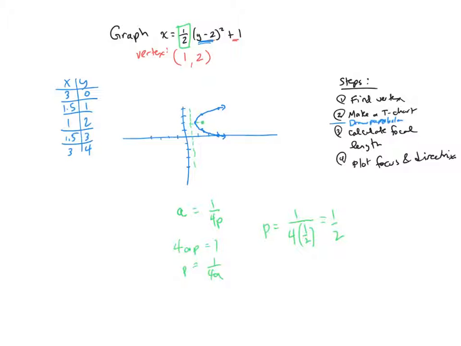So my focus is now (1.5, 2). And my directrix, I moved to the left 1/2, and I was at an x value of 1 to start with. So this is going to be x equals 1/2. So what I want on your graph is the parabola with its vertex properly drawn, and the focus and the directrix.